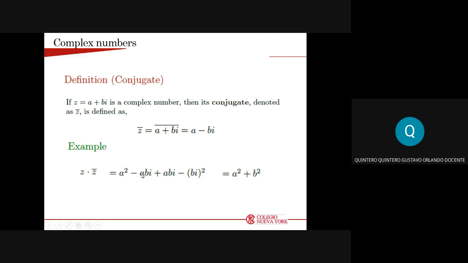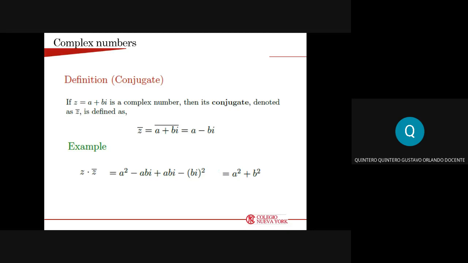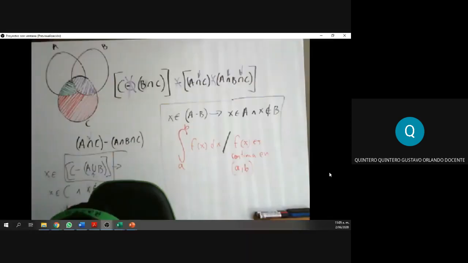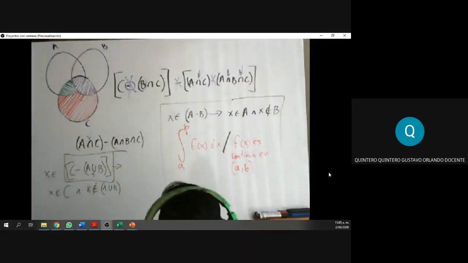And these two values are the same, so these get canceled. So by multiplying any complex number by its conjugate, we are going to have A squared plus B squared, effectively canceling the imaginary unit. I feel like this is better explained with an example, right? So let me change into the board.